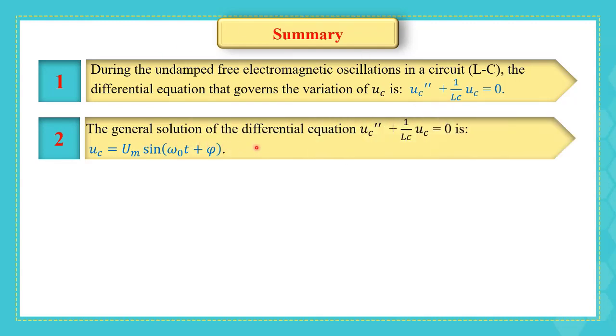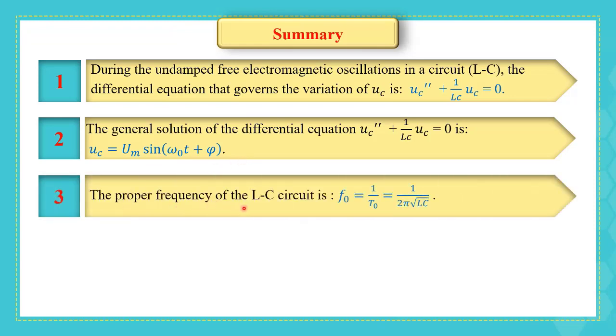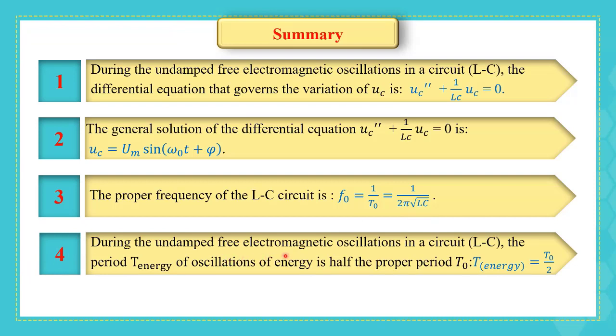The general solution of this differential equation is UC equal U maximum sine(omega 0 t plus phi), and the proper frequency of the LC circuit is F0 equal 1 over T0 equal 1 over 2 pi radical LC. During the undamped free electromagnetic oscillations in a circuit LC, the period T energy of the oscillations of energy is half the proper period T0, so T energy equals T0 over 2.